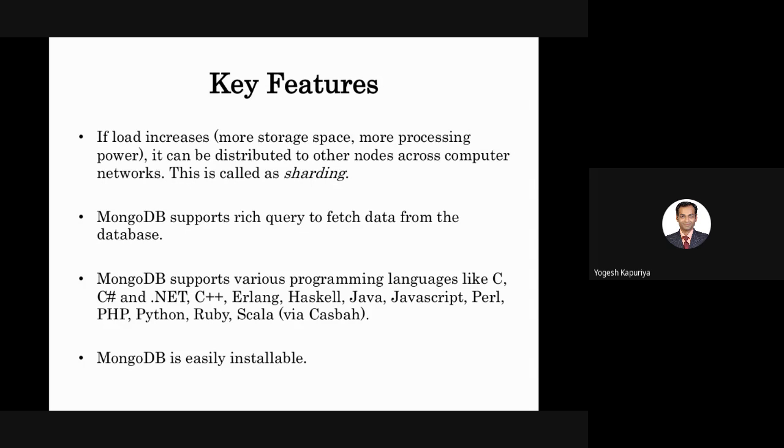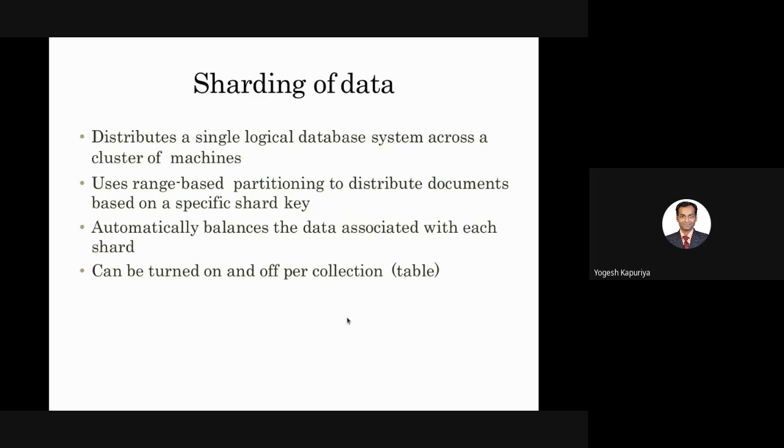It has support for C, C Sharp, .NET, C++, Erlang, Haskell, Java, JavaScript, PHP, Python, Ruby, Perl. All these are officially supported by the MongoDB community, and that's one more reason why it is so popular. You can have any of these server technologies along with MongoDB as a database technology, and it's easily installable. Okay.